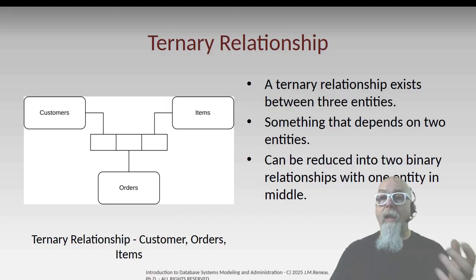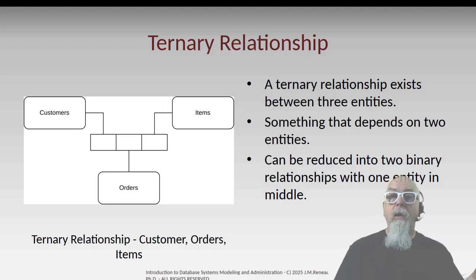Now, when we get a little further along in data modeling, we're going to reduce that into a pair of binary relationships. Actually, we're going to reduce it into a whole bunch of relationships and a couple of new entities that are missing. But we'll get into that detail as we get into more of this.